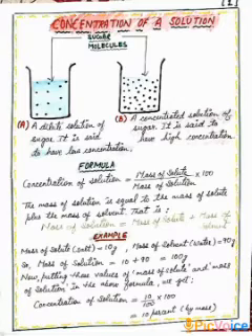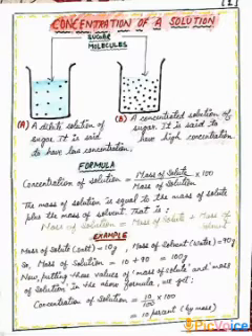We can now define the concentration of a solution as follows. The concentration of a solution is the amount of solute present in a given quantity of the solution. The concentration of a solution can be expressed in a number of different ways. The most common way of expressing the concentration of a solution is the percentage method.